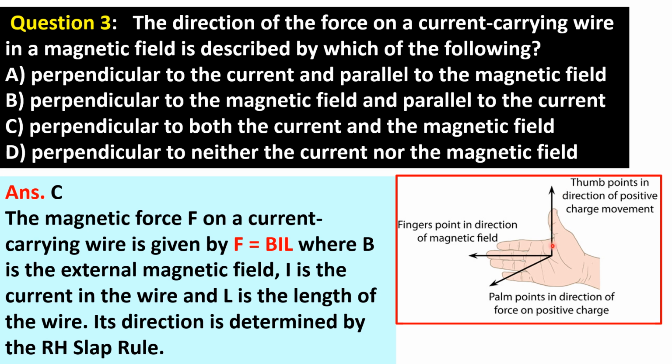So we have here a case where the three vectors are mutually perpendicular. That is the best situation where we can expect the magnetic force to be at its greatest.